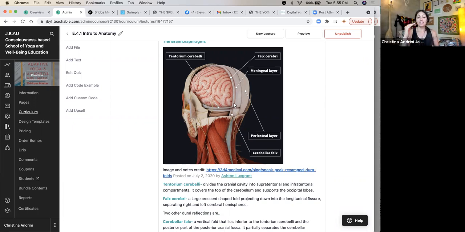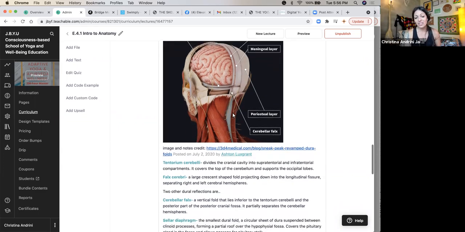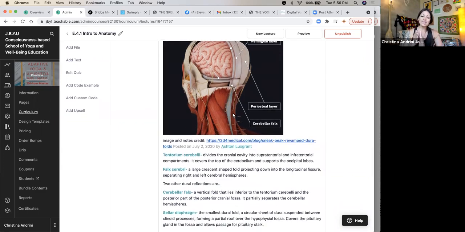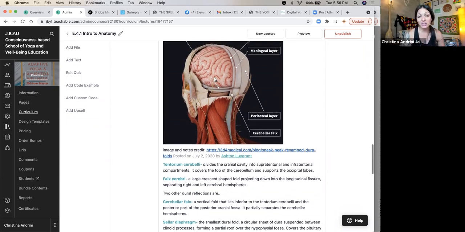The cerebellar falx, the one on the very bottom here, is the vertical fold that lies inferiorly to the tentorium cerebelli, which remember is here.